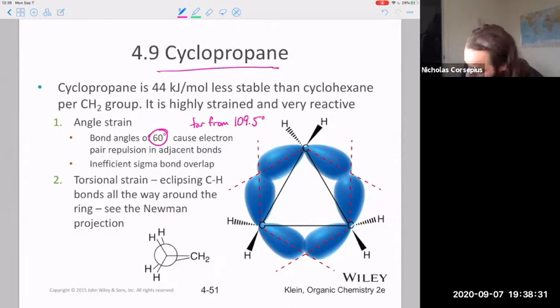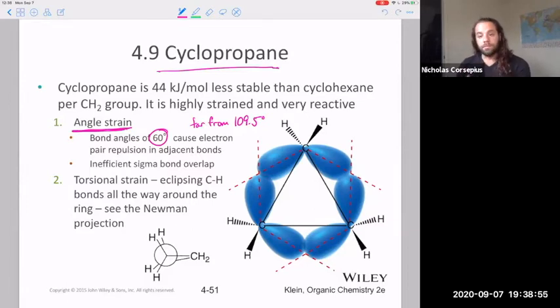This leads to what we call angle strain. Angle strain is forcing a bond to be outside of the ideal 109.5. You will get insufficient sigma bond overlap, right? Remember, we want these bonds to overlap so we can form these sigma bonds, but look at how poor that overlap is.